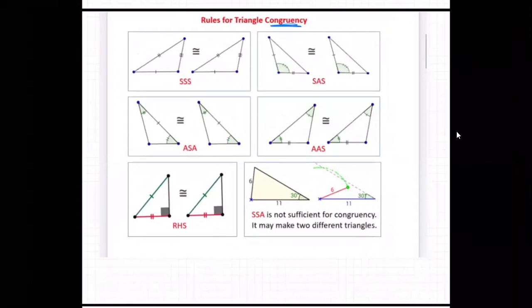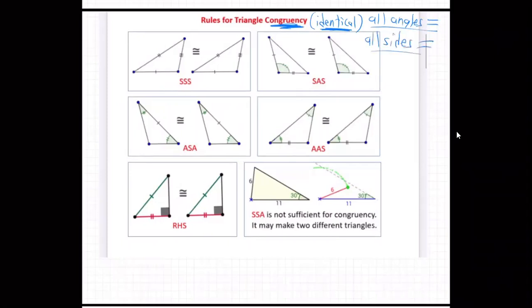Now, what does congruency mean? It means identical. So two triangles being congruent means that they are identical. They're exactly the same in every way. All angles are equal.